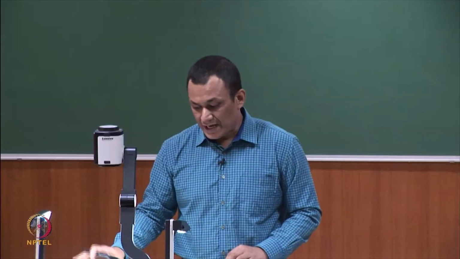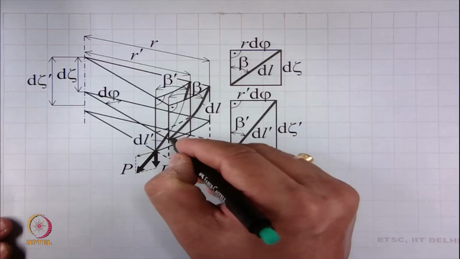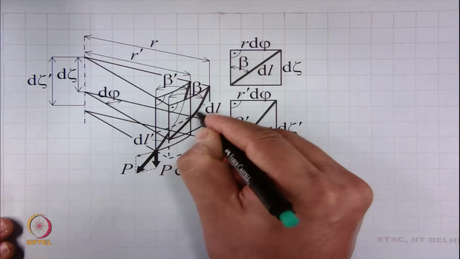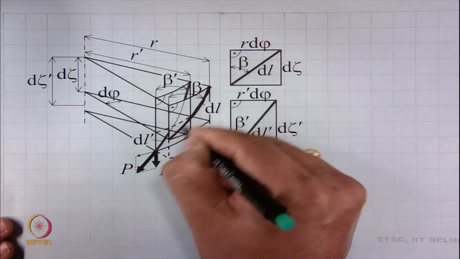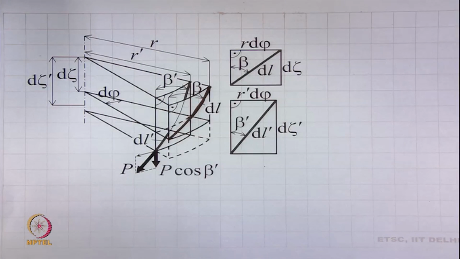This diagram is very much related to the diagram that we discussed in the module of radial migration of fibers in yarn. What we see here is there is a general fiber element, dl is its length. So, as we know from the module of radial fiber migration in yarn, where we talked about general fiber path, fiber element, different angles.